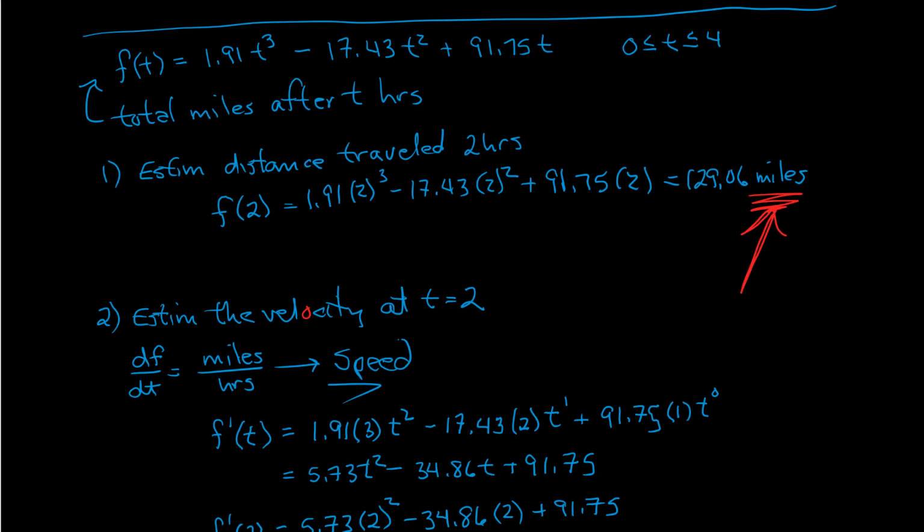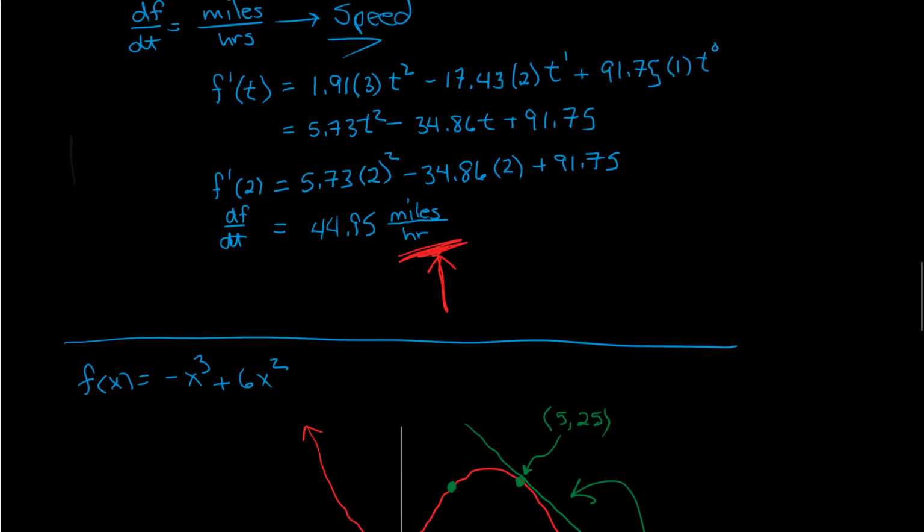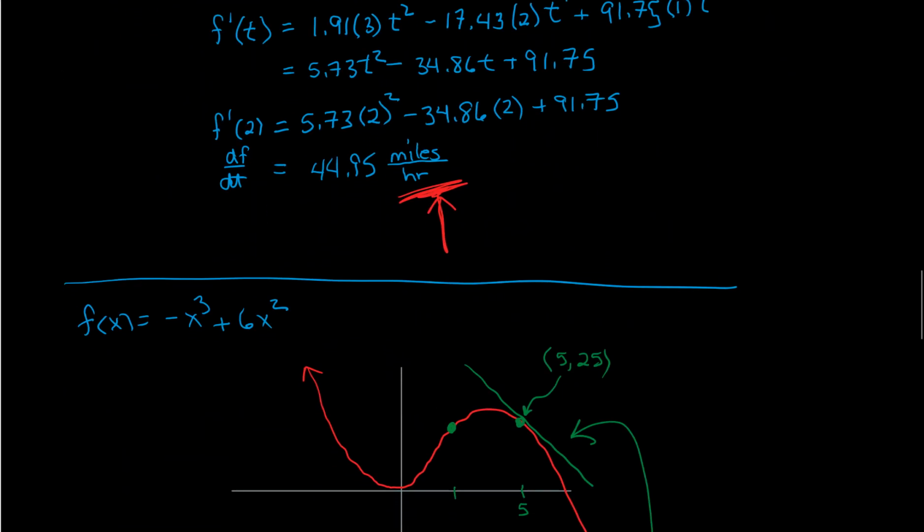The second term is going to be the 17.43 times whatever the exponent was, 2. The third term is going to be the 91.75 times whatever the exponent was, 1. Then for each of these variables, the exponent on the variable is decreased by 1. When you multiply things out, you get the equation here that's represented on what you see now as the second line.